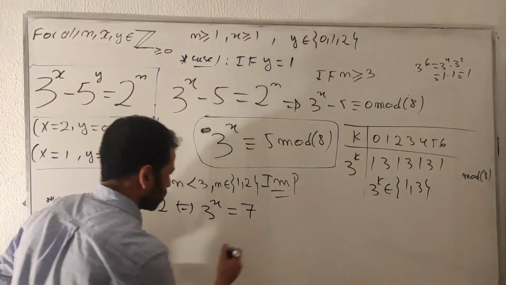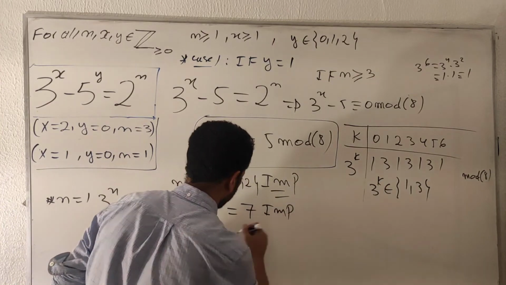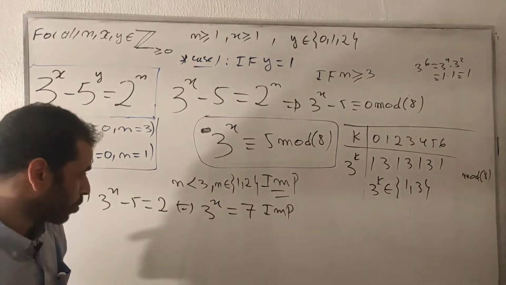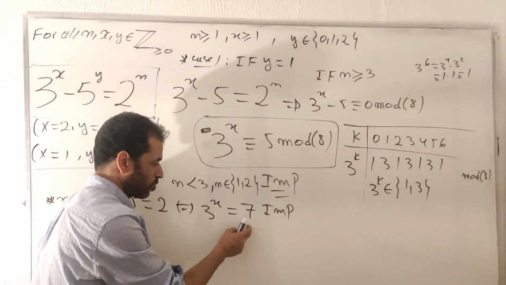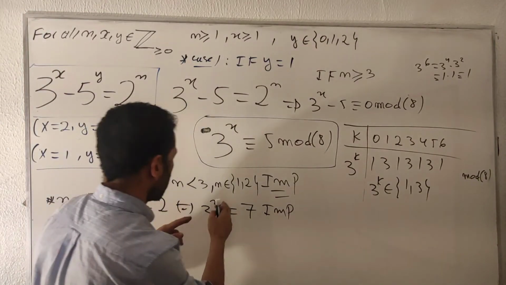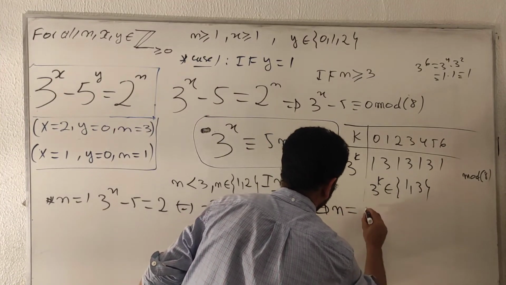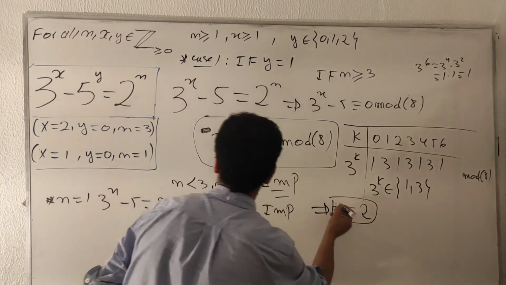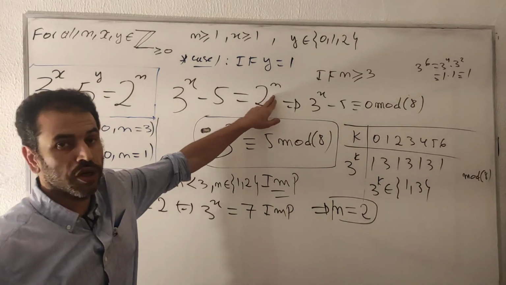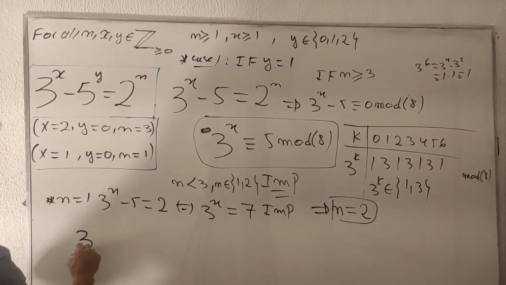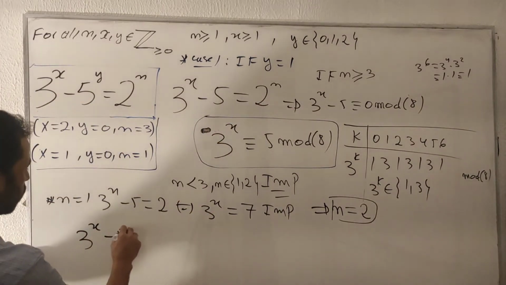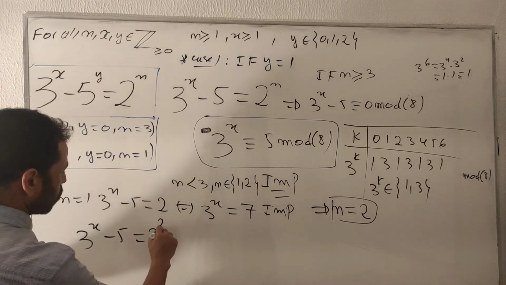This is impossible, because the left hand side of this equation is a power of 3, but the right hand side of this equation is not a power of 3, which means n is not equal to 1, which means n must equal 2. If n equals 2, let's replace it into this one here to get 3 to the x minus 5 equals 2 squared, which is 4.